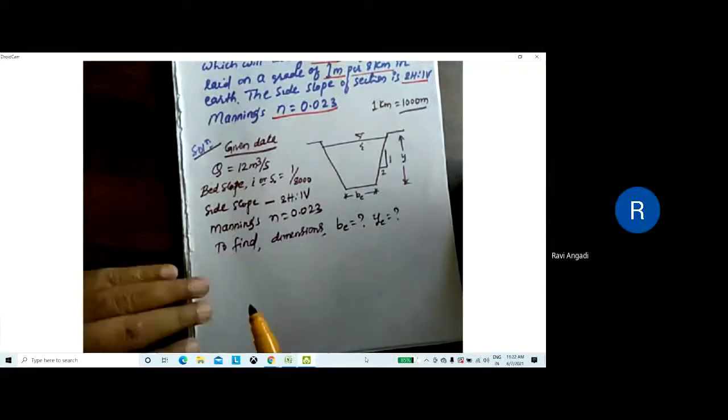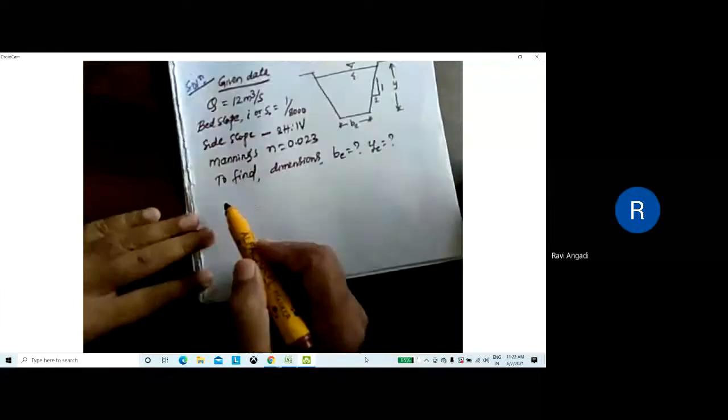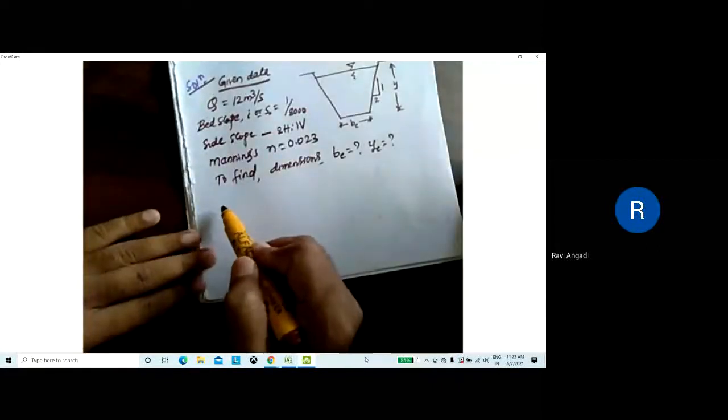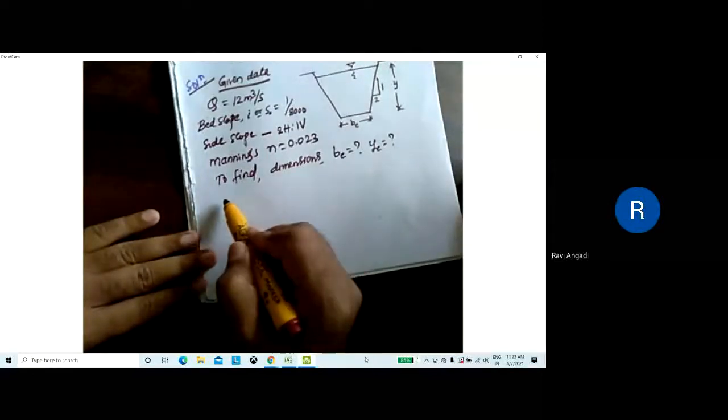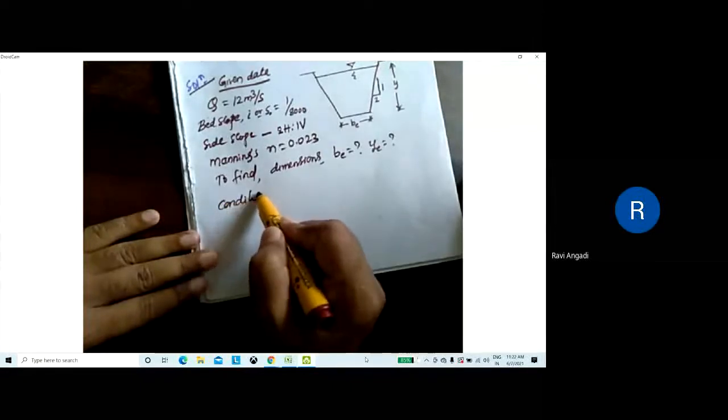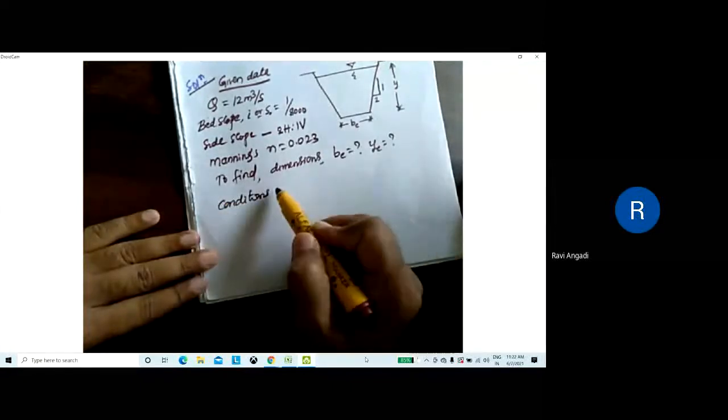Now, how to proceed with this one? Tell me. First, start from the conditions. Conditions for most economical trapezoidal sections. First, you have to write the conditions.